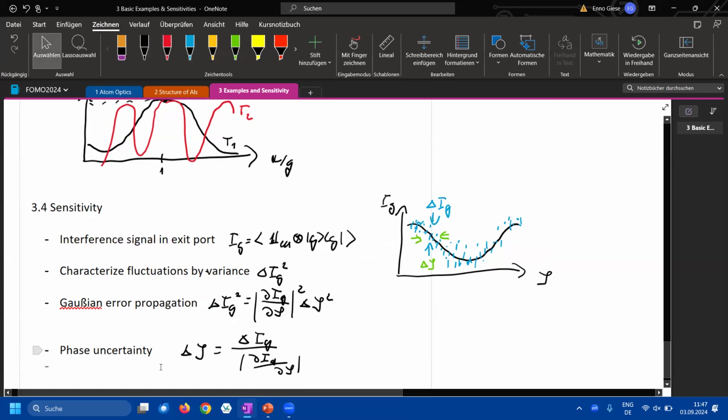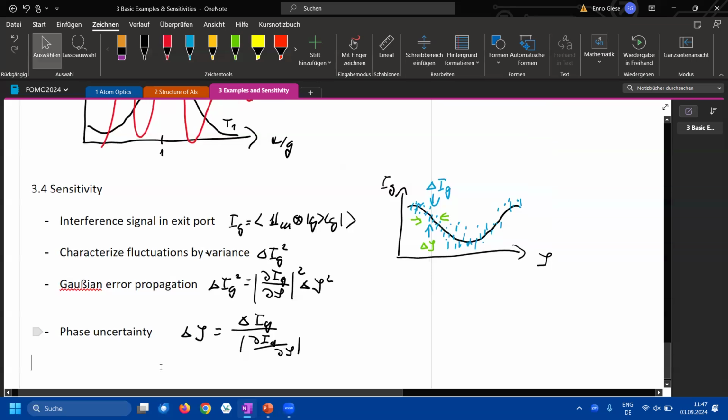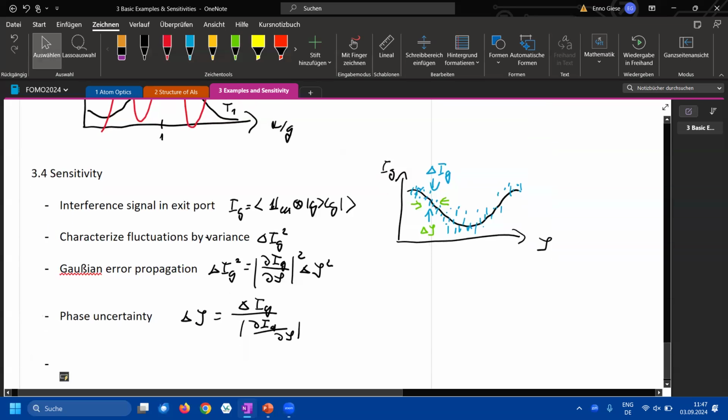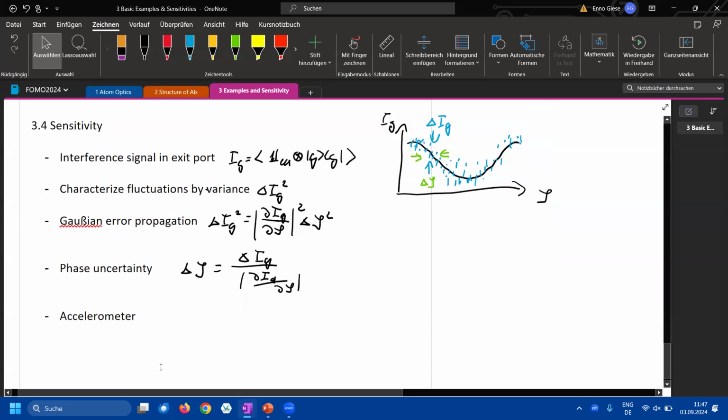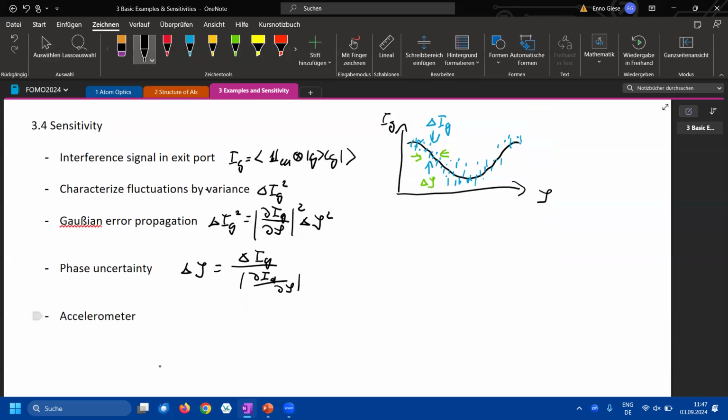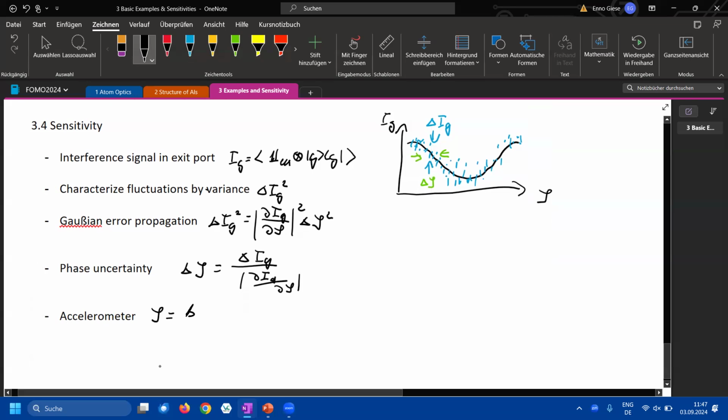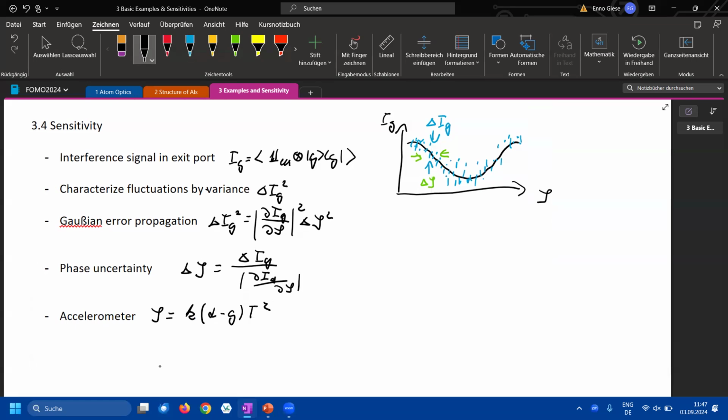So we can now, of course, generalize that, but for an accelerometer, I just want to calculate the relative uncertainty. So for an accelerometer, I have phi is equal to k times alpha minus g times t squared. We just calculated that. So I can calculate now the relative uncertainty of g, delta g divided by g. And that is just yet again Gaussian error propagation.